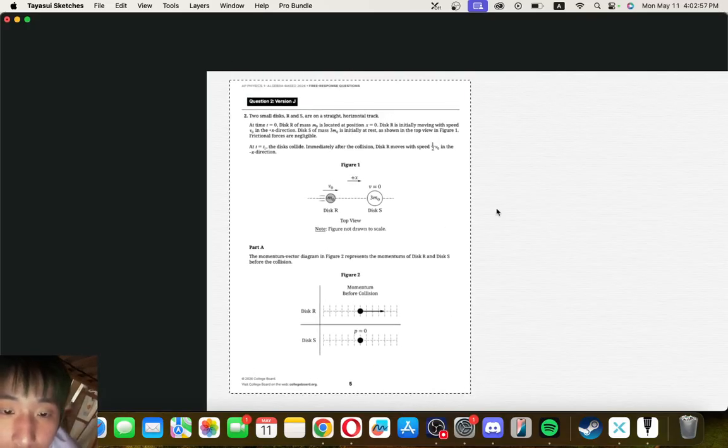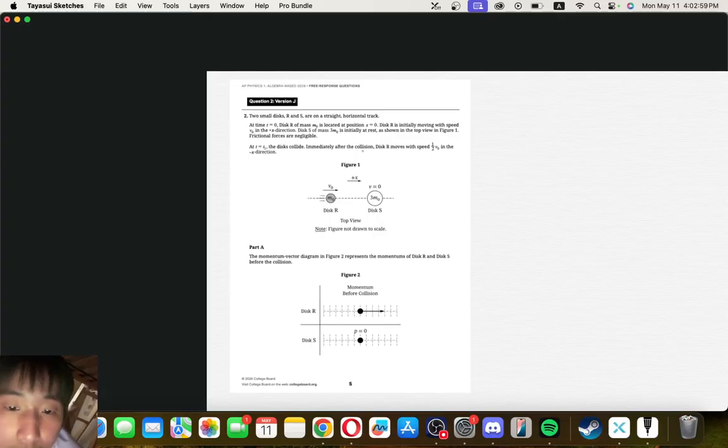Alright, two small disks, R and S. At time 0, R is located at x equals 0 and moving with speed V0 in the plus x direction. S, with mass 3M0, is at rest. It's going to be a momentum problem.